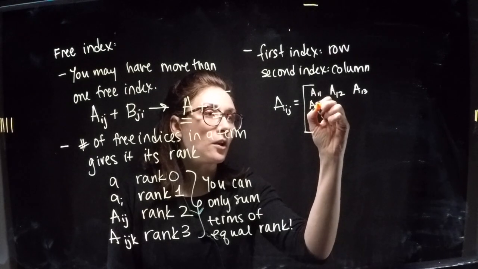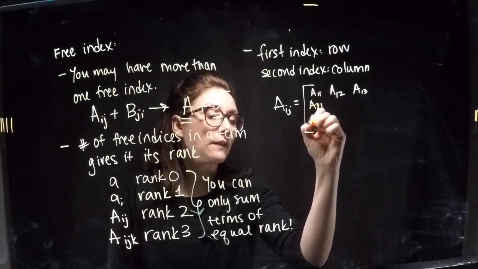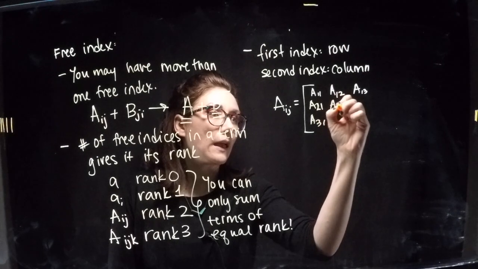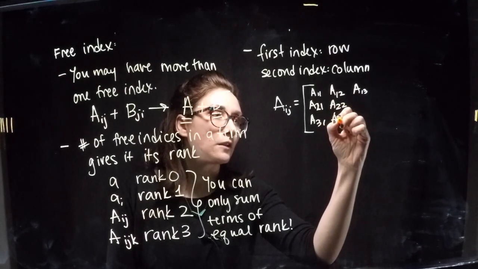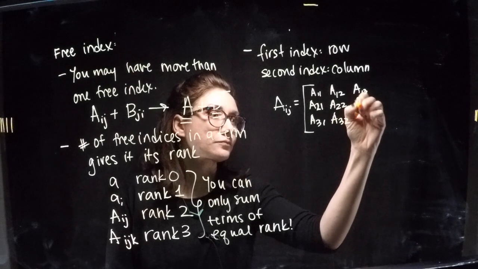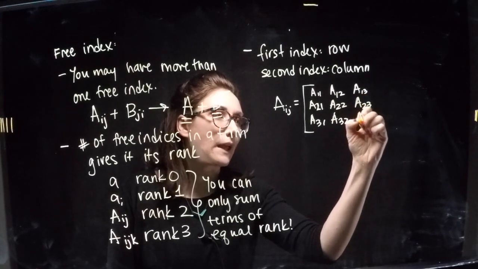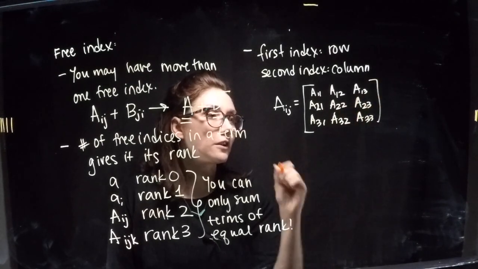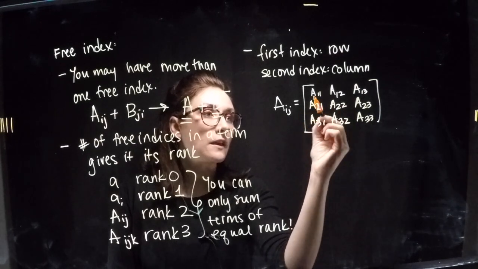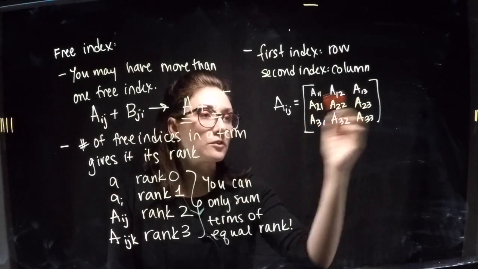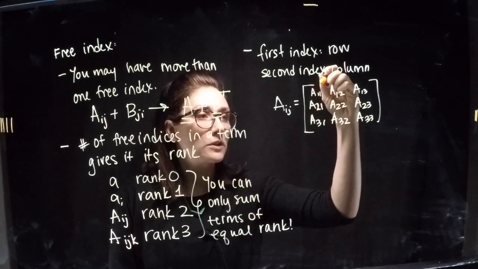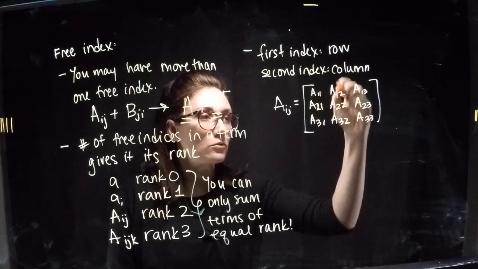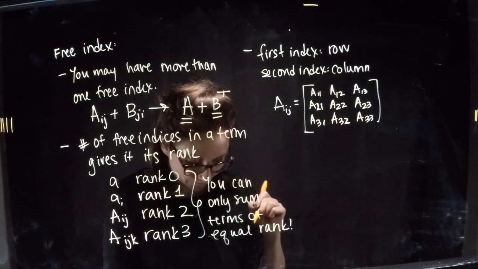And then A21, A22, A23, and then A31, A32, A33. So here you'll see our first index is 1, 1, 1 for the first row, 2, 2, 2 for the second row, 3, 3, 3 for the third row, and then our second component is 1 for our first column, 2 for our second column, and 3 for our third column.